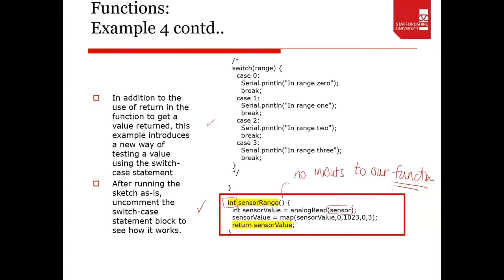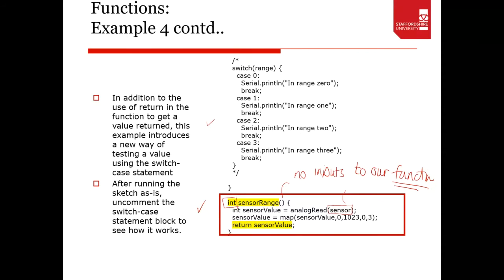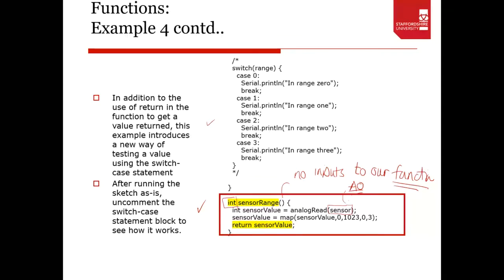It's not had to be passed, but it's been declared as a global variable previously. So here the analog read already knows that sensor is referring to pin A0. So it's now doing what we previously explained.